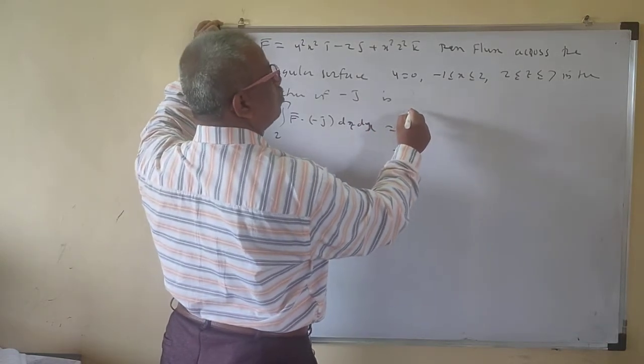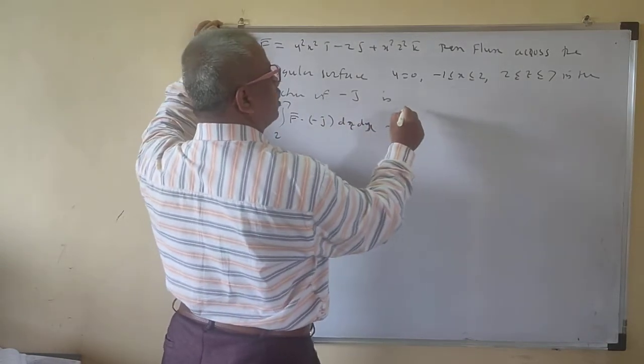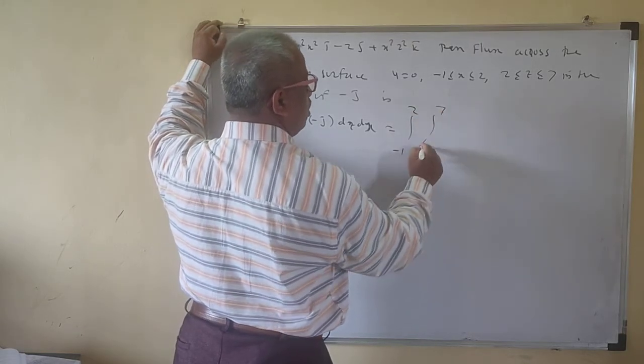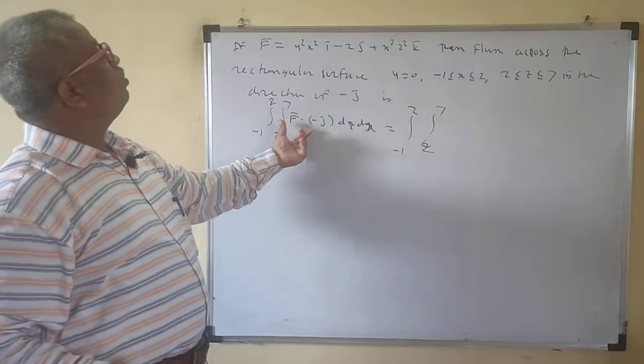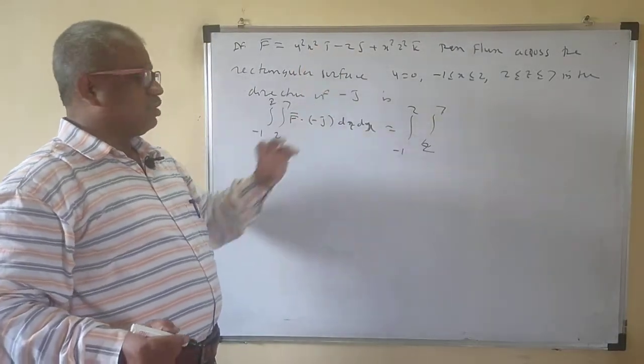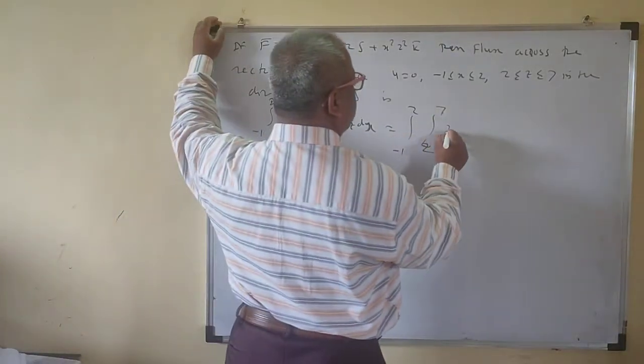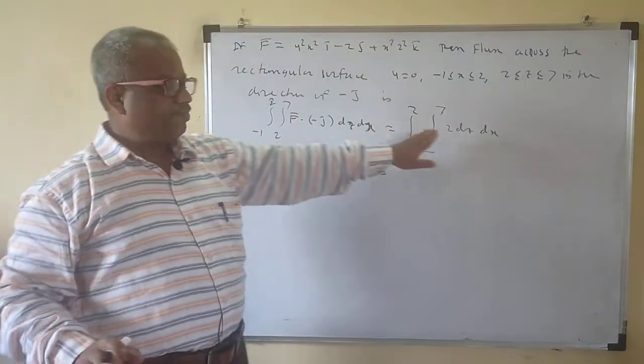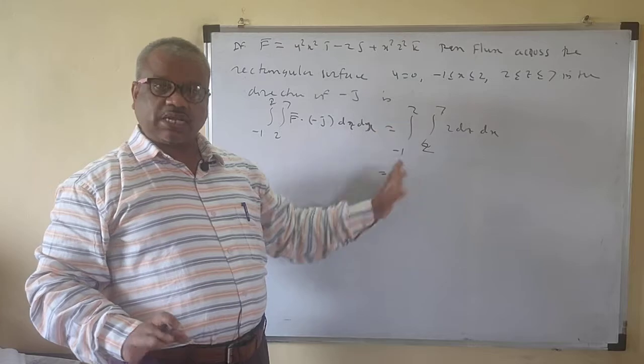So minus 1 to 2 for x, 2 to 7 for z. The dot product is minus minus, which becomes plus, so this is 2 dz dx. Now this is a constant and this is a double integral, so the limits are also constant.